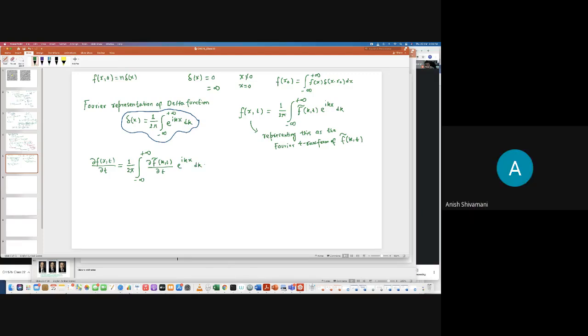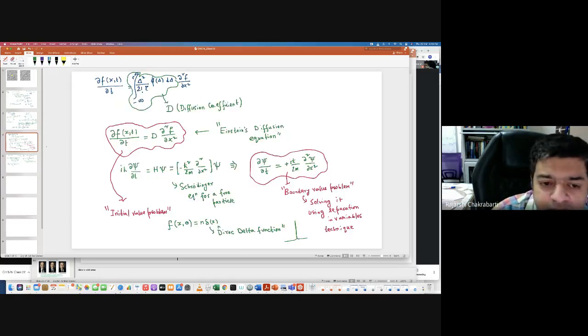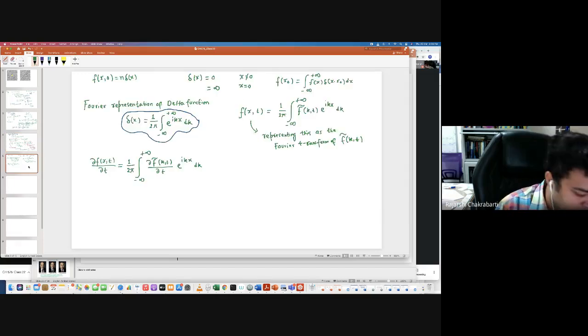Yes, sir. And on the right hand side, you had something like diffusion constant times the second derivative of f with respect to position x. So for the right hand side, I have to do this, which is equal to 1/2 pi into D. Now look at it.